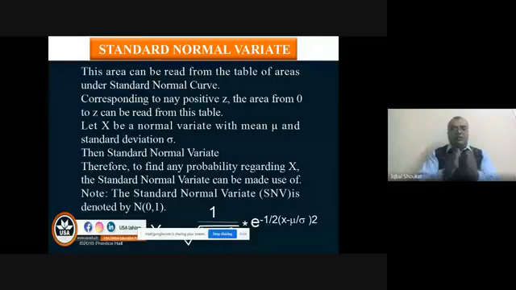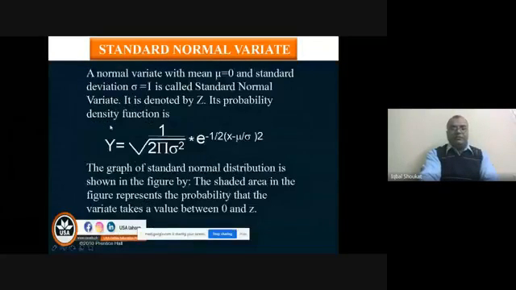As I discussed in the previous slide, the probability density function is y equals 1 over under root 2 pi sigma square, or variance, into the exponent of this area.